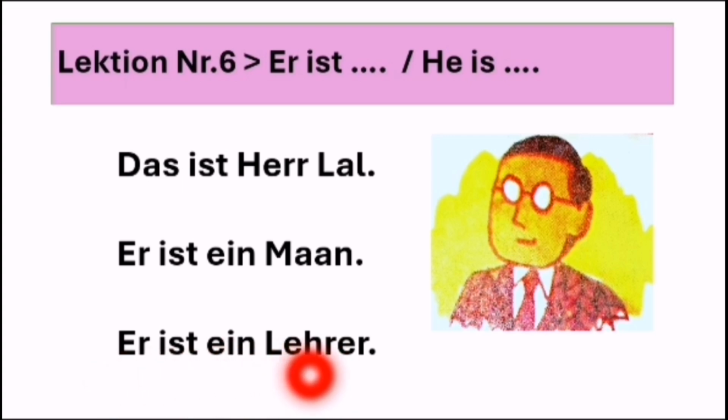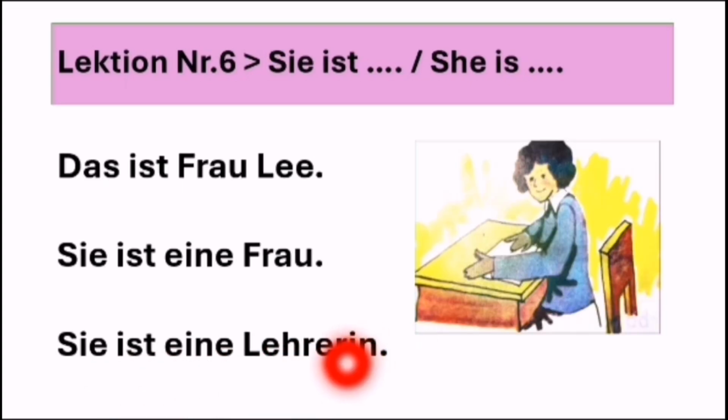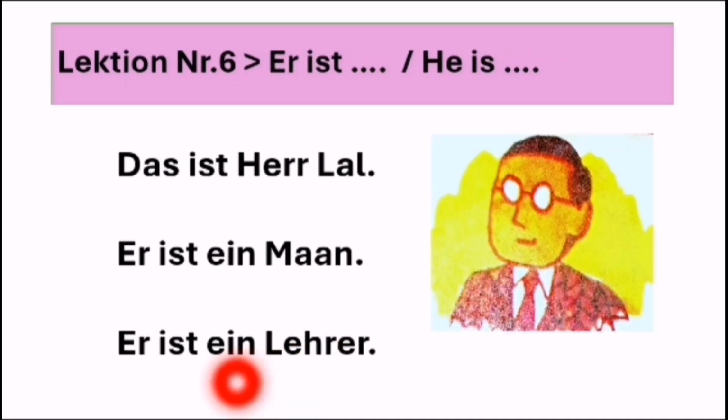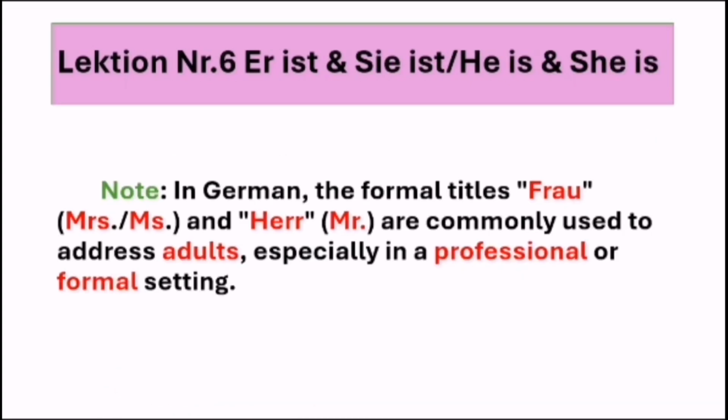He is a teacher. So here with a female teacher we are using Lehrerin, eine Lehrerin, and with a male teacher we are using ein Lehrer. This is the difference between German and English, okay? In Lehrer and Lehrerin and as well as in ein and eine. So once again, das ist Herr Lal. Er ist ein Mann. Er ist ein Lehrer.